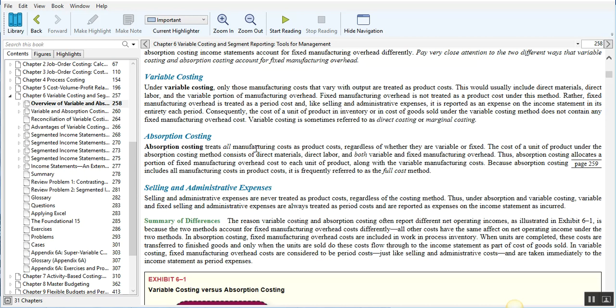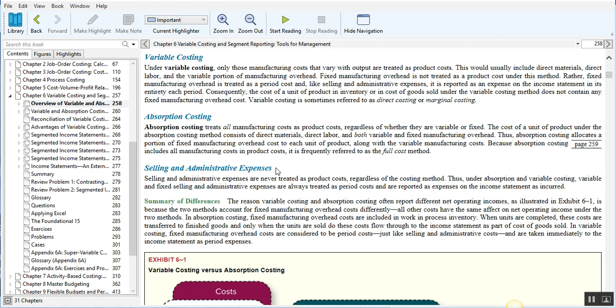That's how they differ. So variable costing includes fixed manufacturing overhead in period cost, not product cost. Absorption costing does the other way around, where we identify fixed manufacturing overhead as a product cost, not a period cost. Selling and administrative expenses are never considered product costs regardless of how we're doing it.